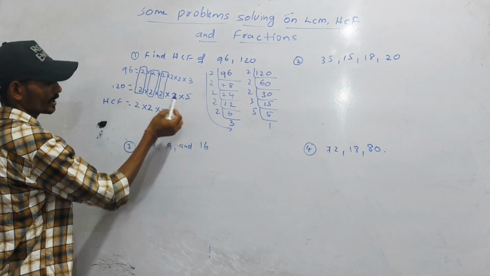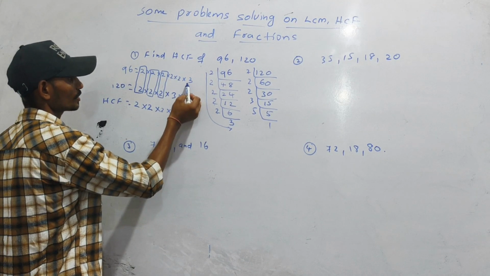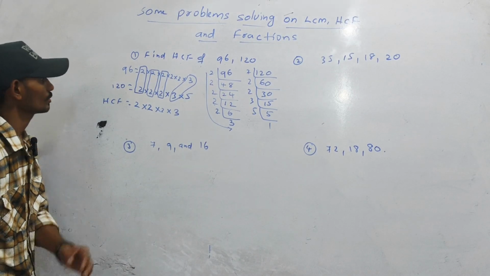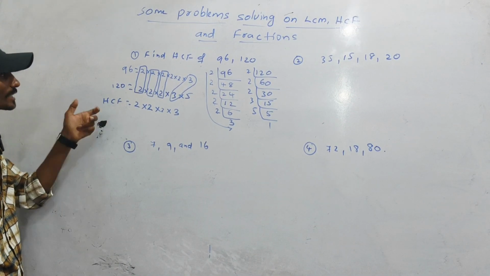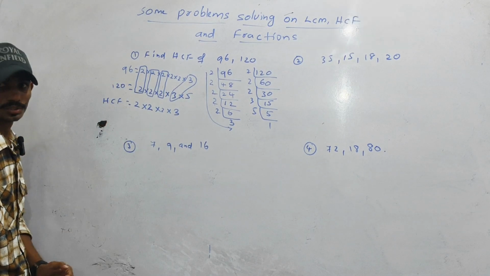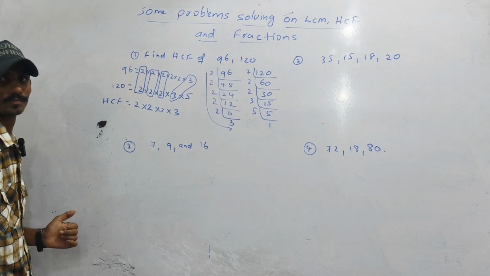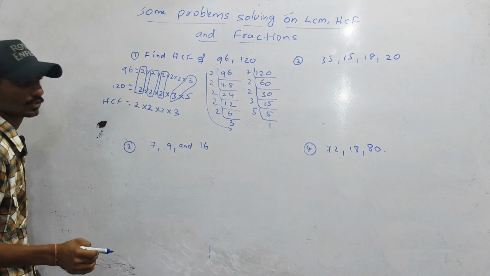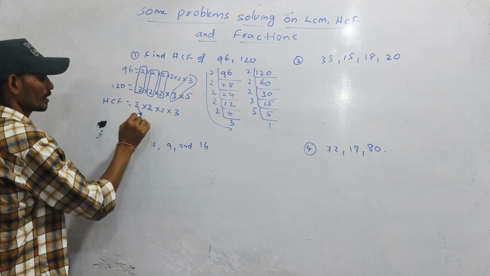So here 3 and here also 3. Whatever is common in the two numbers when we find factors, those factors we can take. Now we can take 5 here, but in 96 there is no 5. Then you stop. Now you multiply.